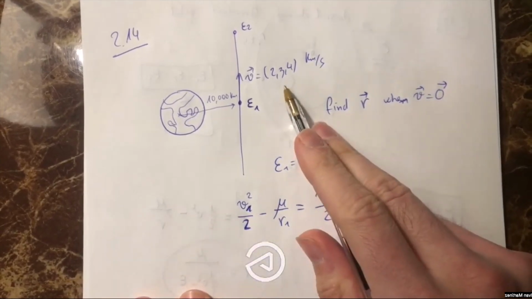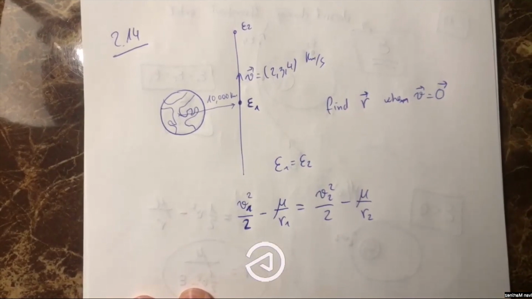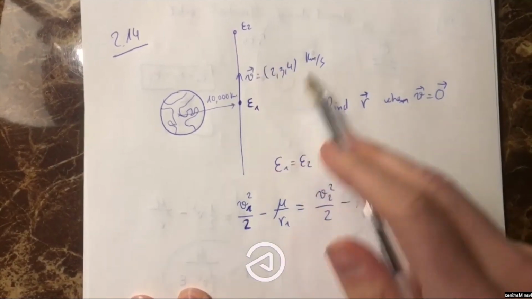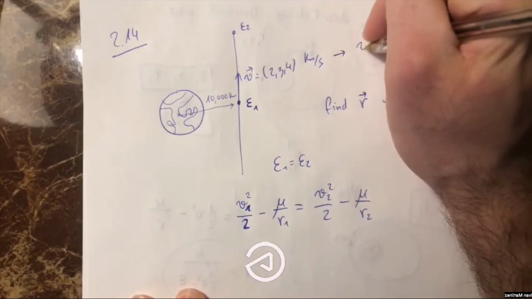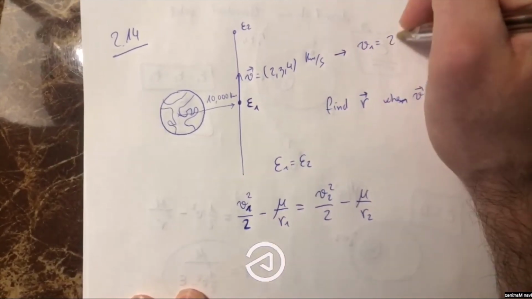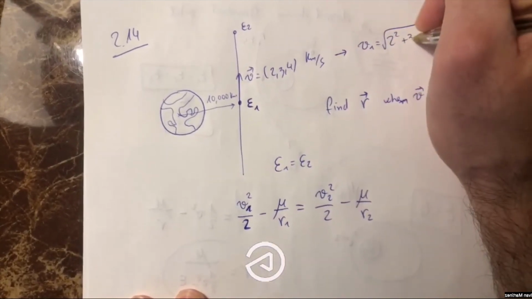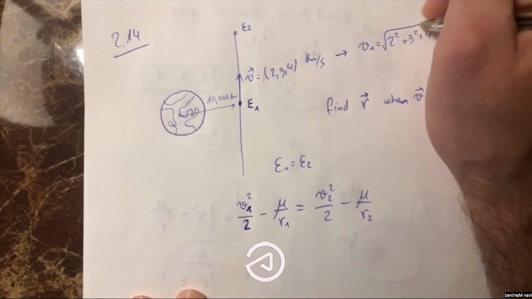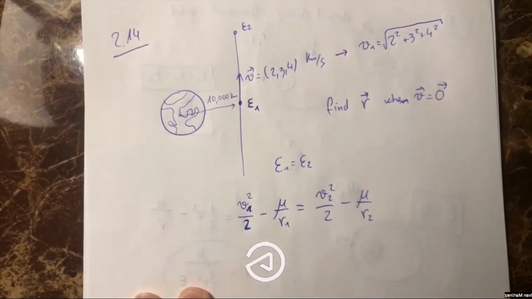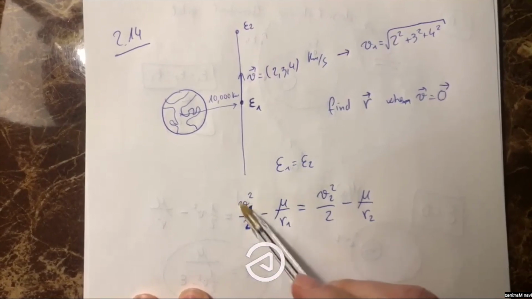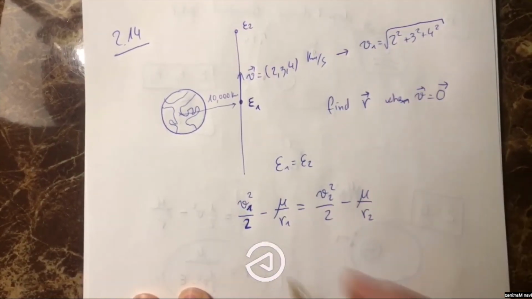Right? So what is v1? We have the velocity vector. So let's calculate the velocity magnitude. That is the velocity magnitude. So here you can put in that.